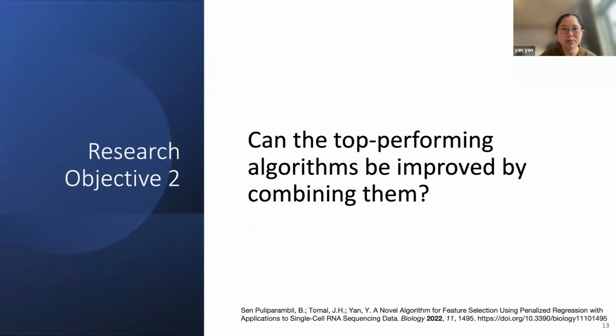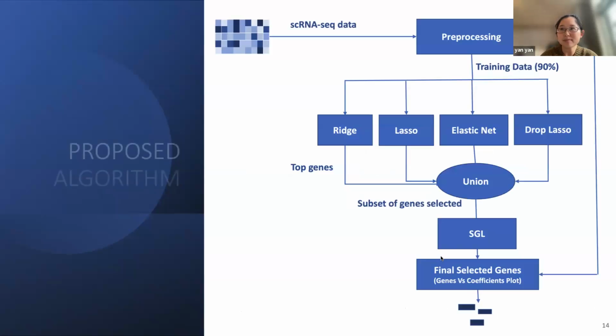So that's what we gained from looking at 7 different penalized regressions. With that, we were thinking about how we could combine them to further improve the performance. With some design, here is the flow that we ended up with.